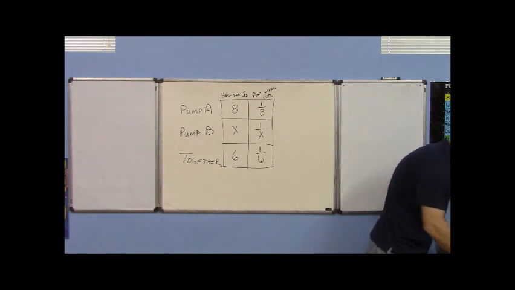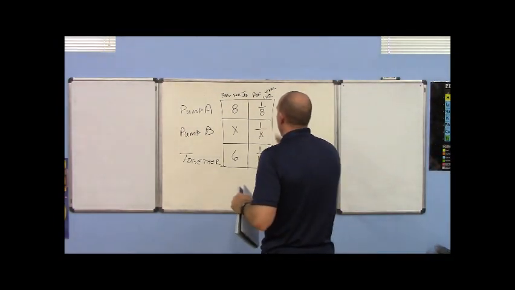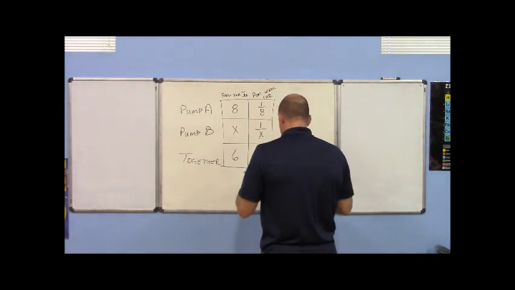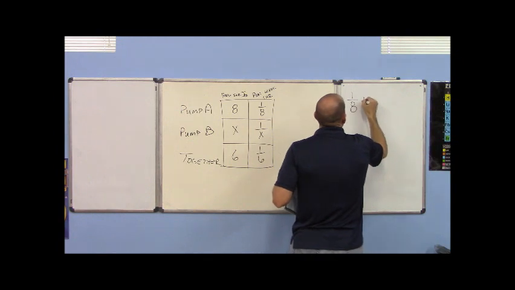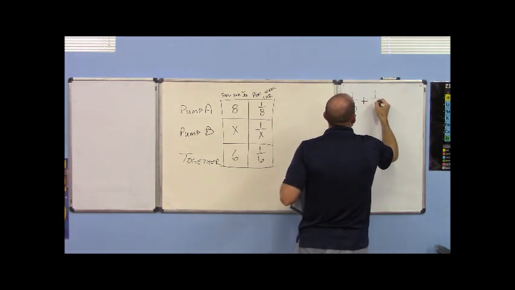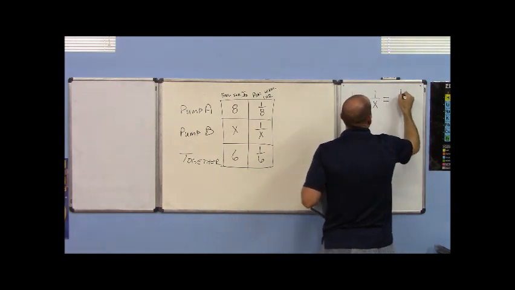Now, what we have is whenever we take 1/8 of the work and we add it, 1/8 plus the part that's unknown, we get a total package.